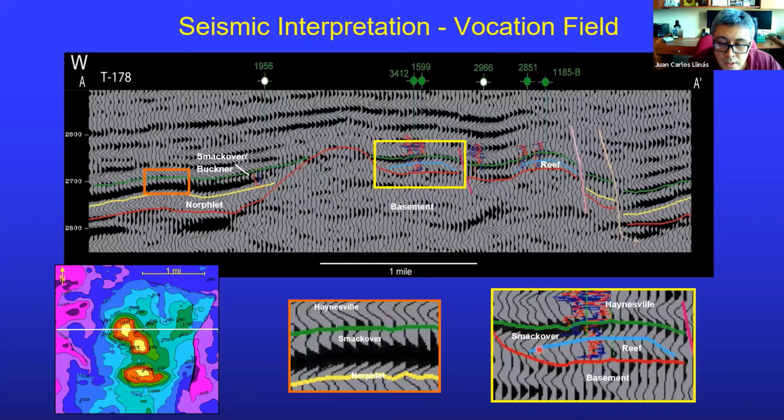This was how we mapped the microbial buildup space. Again, it has a higher porosity compared to the anhydrite here, which is marked by this positive amplitude, and also a positive amplitude of the basement below.